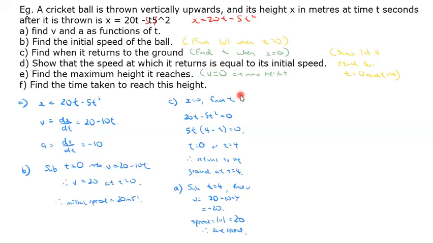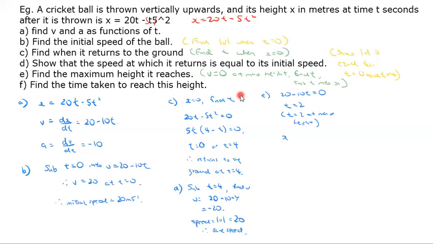So we'll need to let v equal 0 at max height. We'll need to find the t, and then sub the t into x. So we'll quickly do that here. We let 20 minus 10t equals 0, which means, of course, t equals 2, as you said. So t equals 2 at max height.